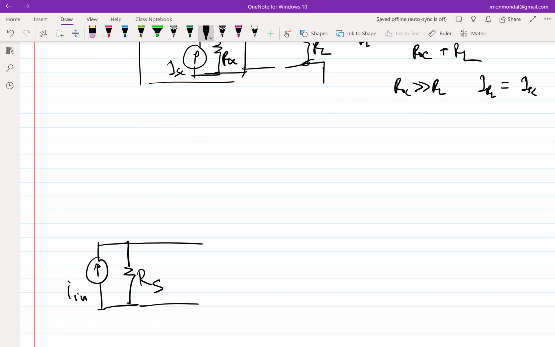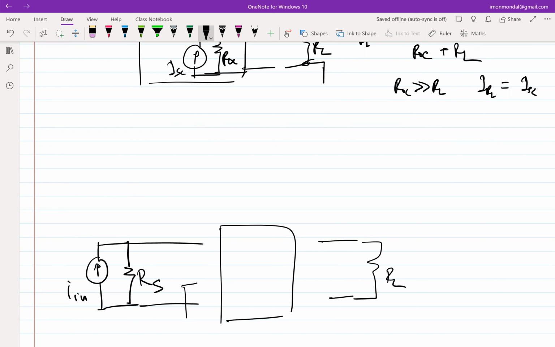If I have to put some network here, and I want all the current to flow into RL, what should be the input impedance? It should be 0, or very small with respect to RS, and whatever very small should be designer controllable. RS and RL sometimes are not designer controllable. It is given by the specifications, right? The designer controllable stuff are inside the box.